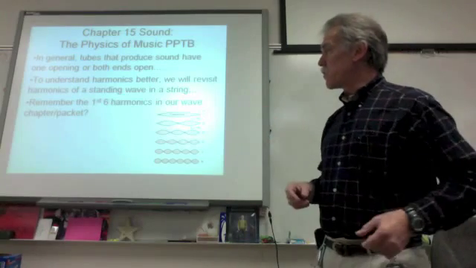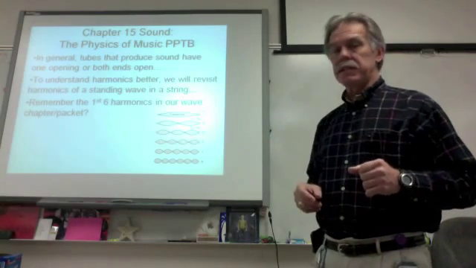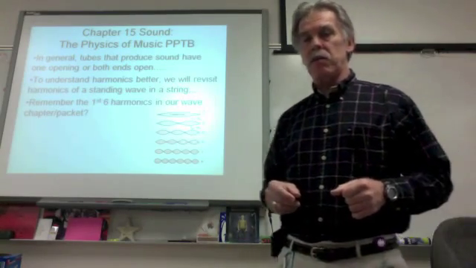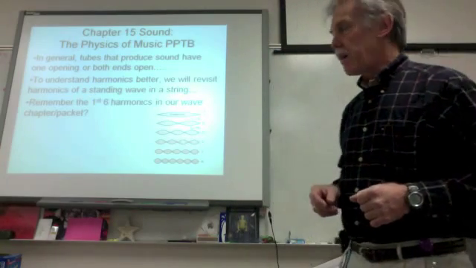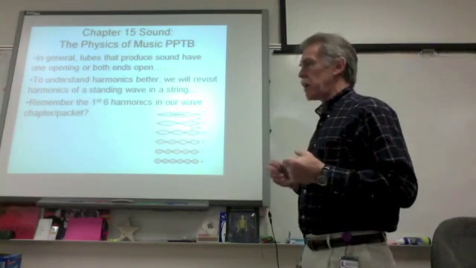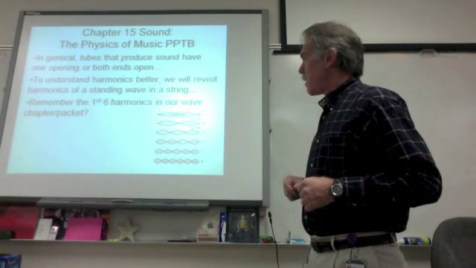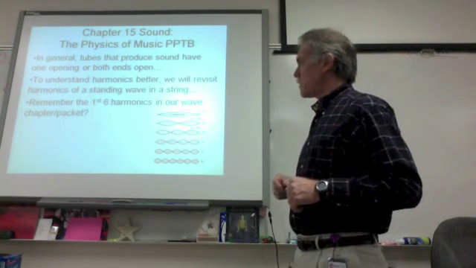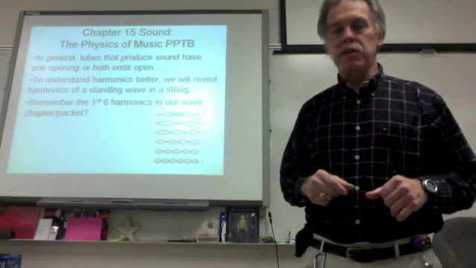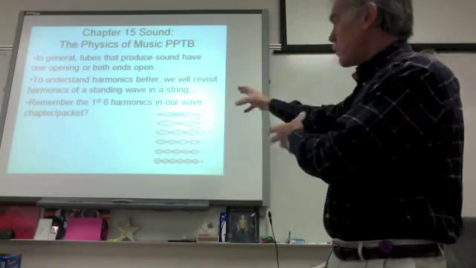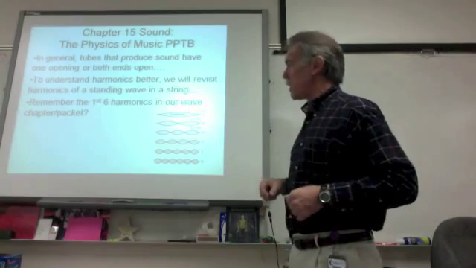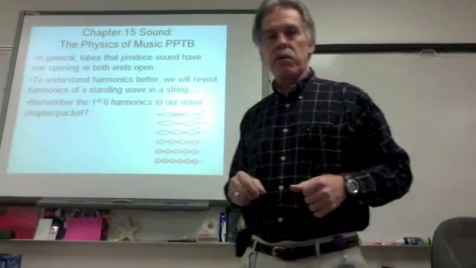We're going to talk about the strings first, because this is something that we've done already back in the wave chapter. We had a question on several of the activities about the fundamental and then the second and third harmonics on a string. And this was a diagram that you actually saw in one of your review packets.